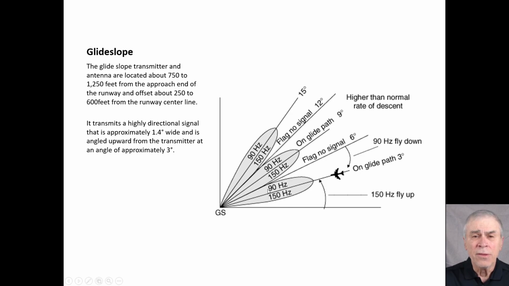So if you're in the correct area, you're going to get a positive indication. But if you're too high, I think you will actually hear something. If it's down here, it says fly up, and if you're up here, it says fly down.